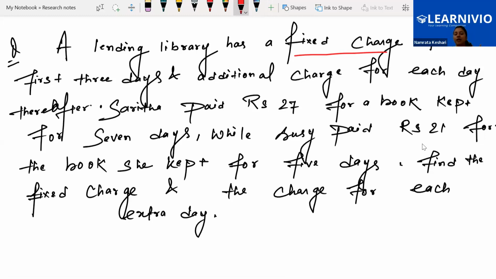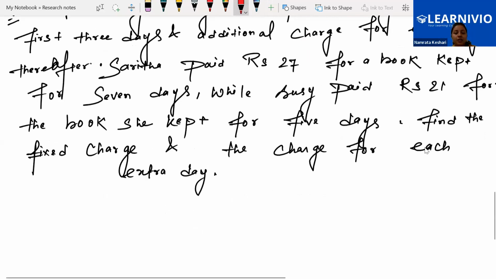If I am keeping it for 5 days, I need to pay for 5 days. Suppose for each day I need to pay rupees 10. So if I am keeping 5 days, extra 50 rupees I'll be paying, 5 into 10. If I keep it for 15 days, every day 10 rupees, that means 150 rupees extra I have to pay along with the fixed charge.